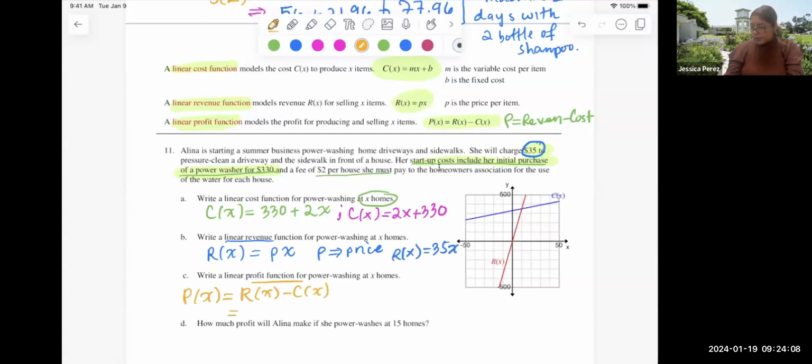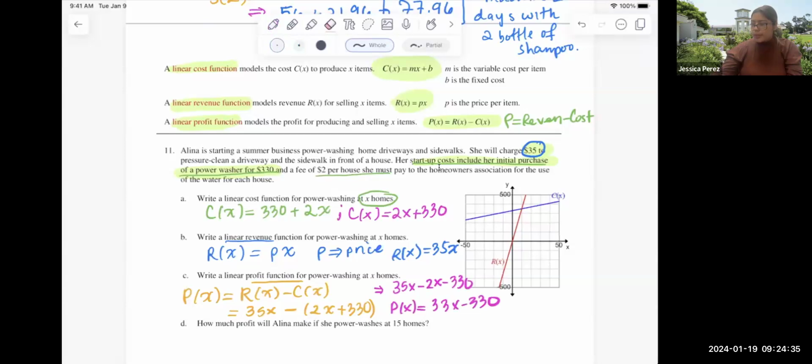So if we substitute, R of X is 35X minus, I'm going to use a parentheses, 2X plus 330. And then I'm going to distribute, so I can clean it up. So I get 35X minus 2X minus 330. That gives me a profit P of X of 33X minus 330.